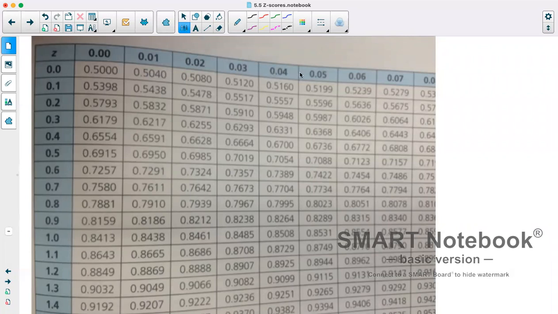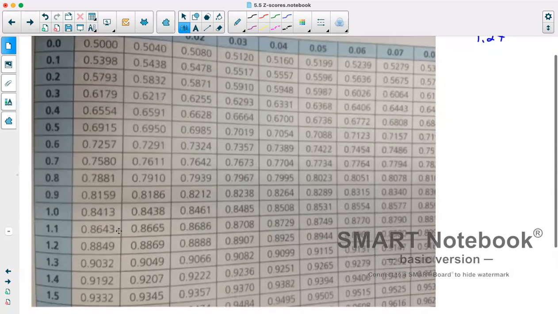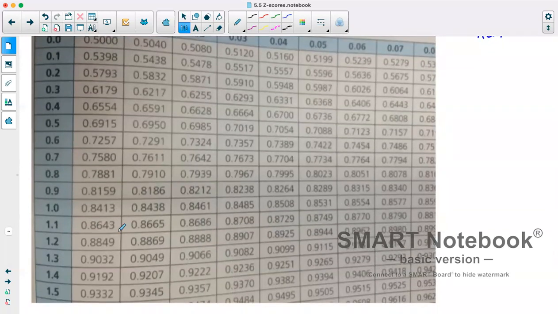So we are looking for 1.27. We've got 1.2 here, so we'll go across to where our last digit is a 7. We match that up to here. We've got our 7, so it's this value here.